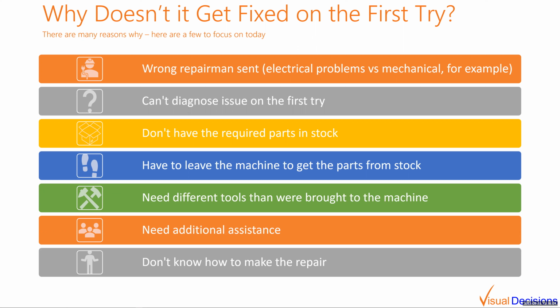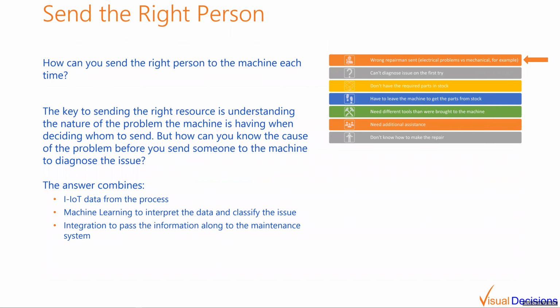And if they guess wrong, well, then they've got to correctly diagnose it, get the other person out there, and you have to wait that much longer. So, if we're able to do that classification in the first place and notify maintenance of what the general problem is, then certainly we're going to be able to do a better job getting the right person assigned in the first place.